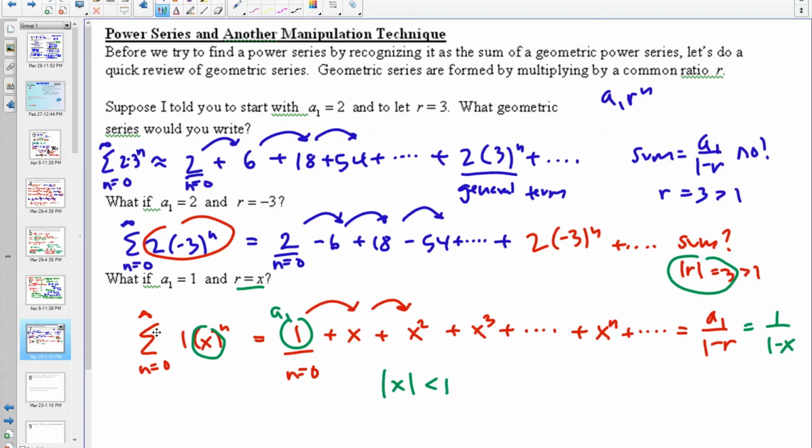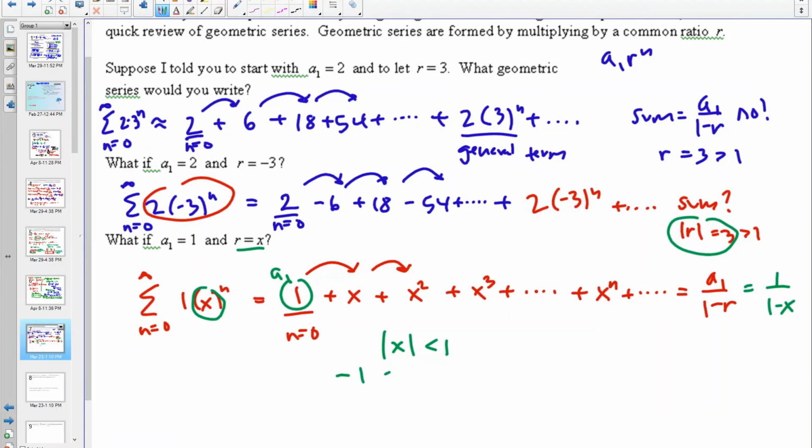So for this power series, this summation is only true if x is between negative 1 and 1: negative 1 less than x less than 1. This is your interval of convergence for this series.